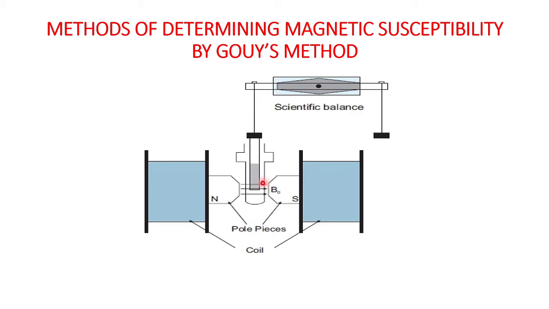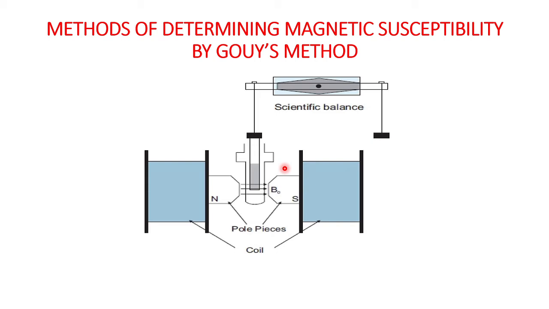First, we measure the weight of the sample on the scientific balance with and without the magnetic field. There is an effect on the weight of the sample when we apply the magnetic field. For a paramagnetic substance with unpaired electrons, the weight increases in the magnetic field.